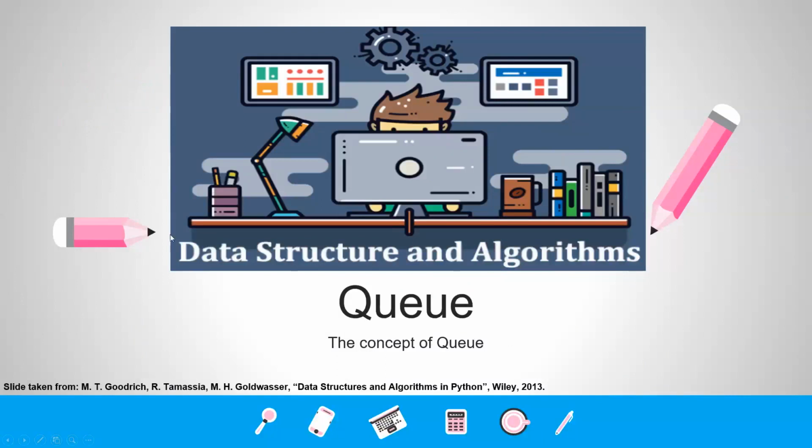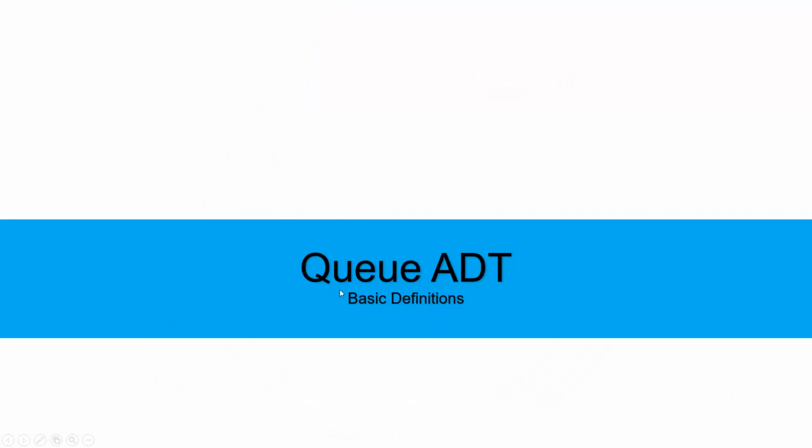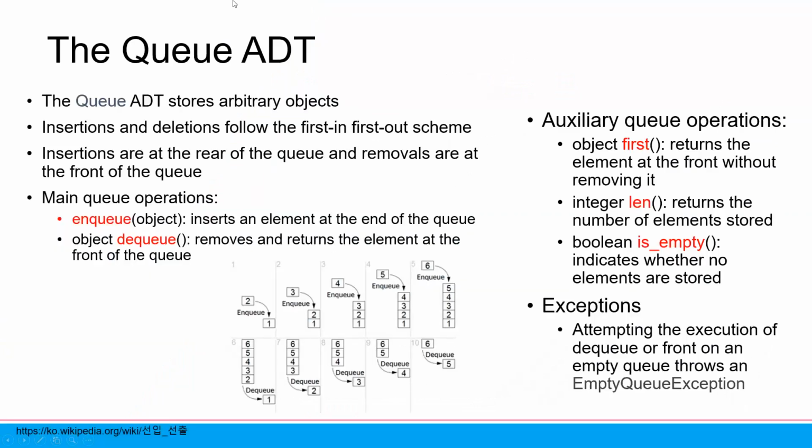The queue is another ADT, abstract data type. There is an implementation using the array, and we can see some of the operations of the queue. We call this another schema of the algorithm with first in, first out.